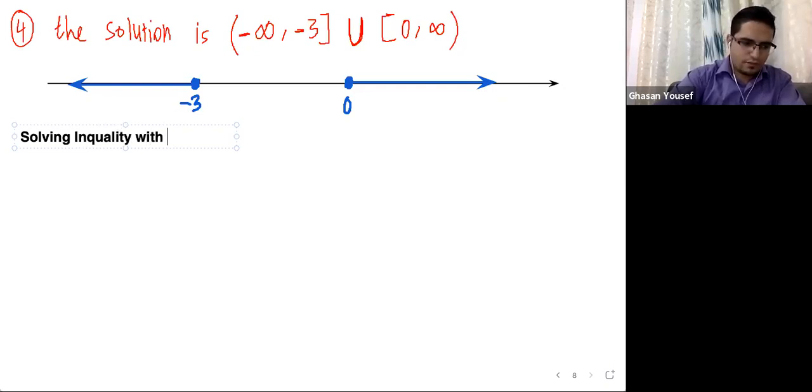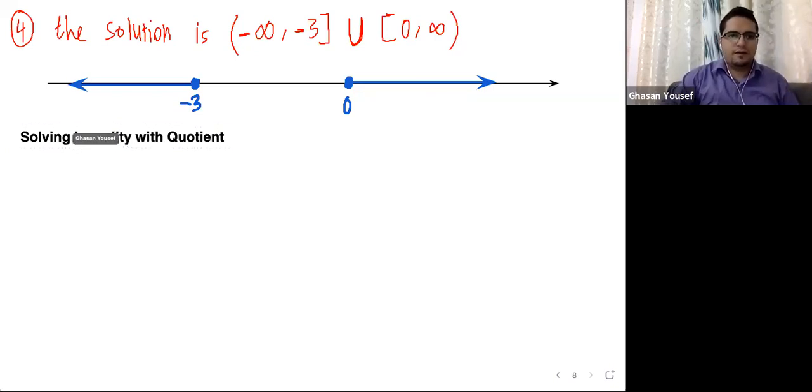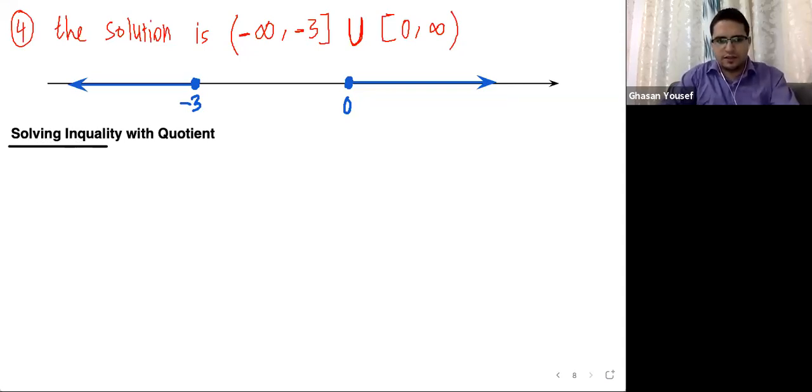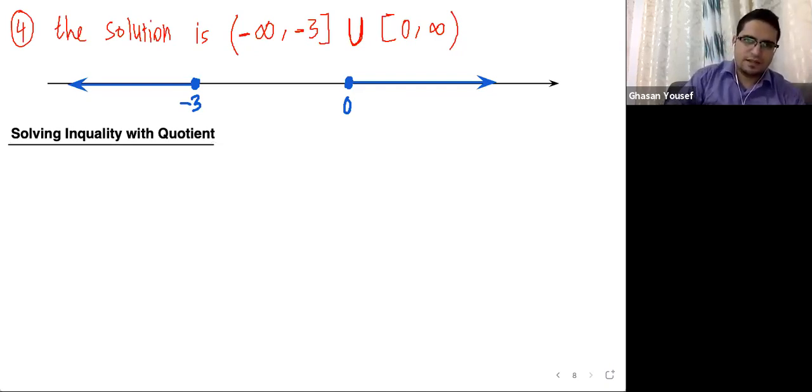In this inequality, we're not going to see a linear one or a non-linear one like a quadratic, like we solved in the previous example. In this one we have a quotient, I mean a fraction, something like this example.